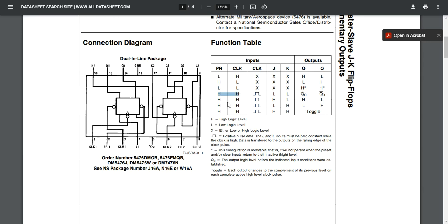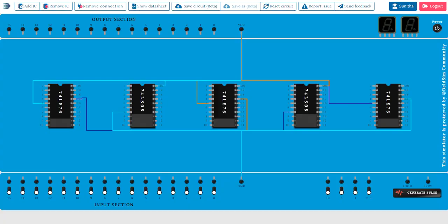If you keep them high, then only it will work according to the JK flip-flop. For clear we are supposed to use pin number 3, and for preset pin number 2. I will combine 2 and 3 and give it to the input section, that is pin number 0, and I'll keep this input high. So just observe.